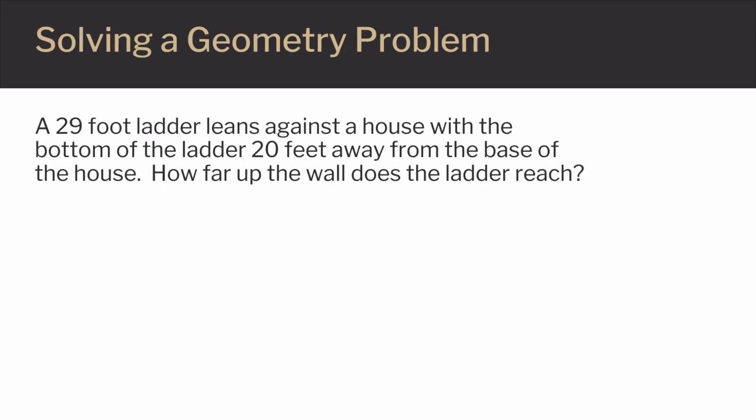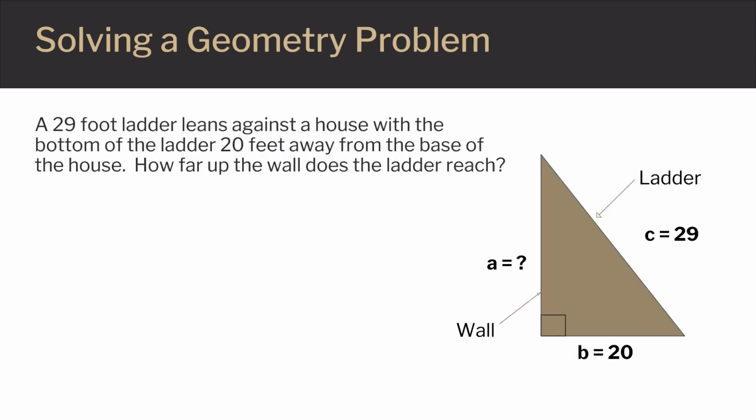Next, we'll solve a geometry problem using the Pythagorean theorem. A 29-foot ladder leans against a house with the bottom of the ladder 20 feet away from the base of the house. How far up the wall does the ladder reach? First, we need to draw and label a picture as described in this scenario.